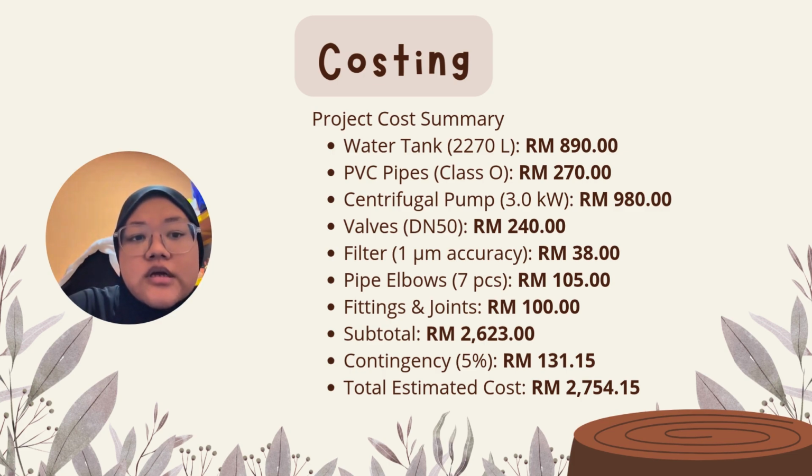Key cost items include a polytunnel water tank at 890 ringgit, PVC Class O pipes at 270 ringgit, and a centrifugal pump priced at 980 ringgit. Other components such as valve, filter, pipe elbows, and fittings make up the remaining costs. This budget ensures we meet the performance needs of the system without exceeding practical financial limits.